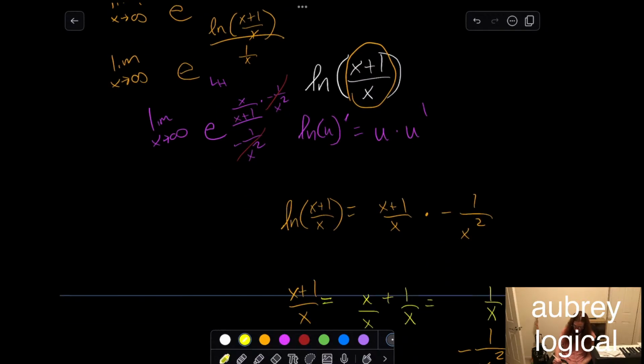And we are going to be left with e to the x over x plus 1, which gives us infinity on the bottom. Oh, wait.